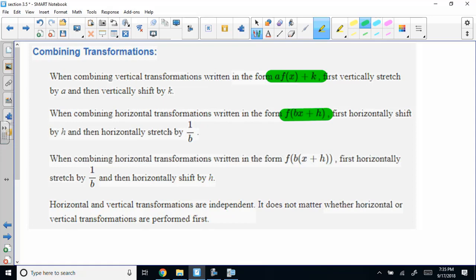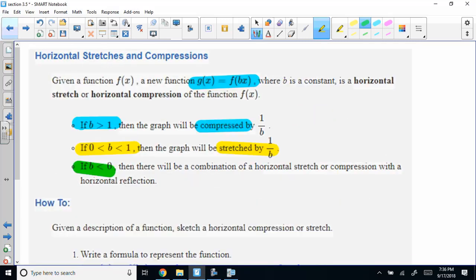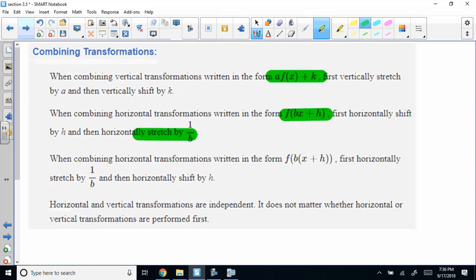Let's say stretch. Let me go back one. If it's greater than, but if it's between that, then it's. And then this one, look right here. It's being horizontally stretched and then horizontally shifted.